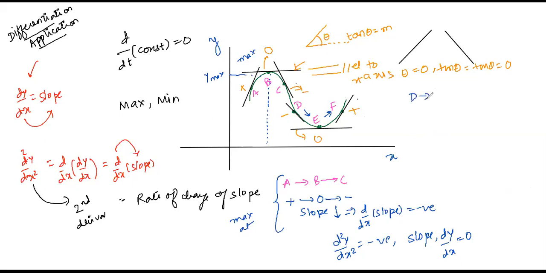So Monica, let's continue. When you go from D to E to F, tell me how the slope is changing. Initially at D the slope is negative. Then the slope at E is equal to 0. Why is it 0? Because the tangent of the line is parallel to the x-axis.